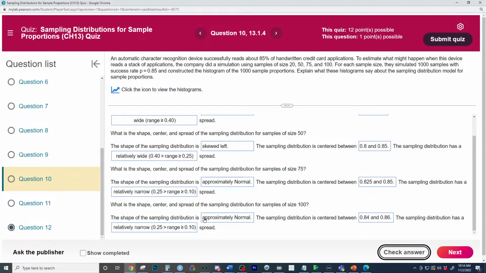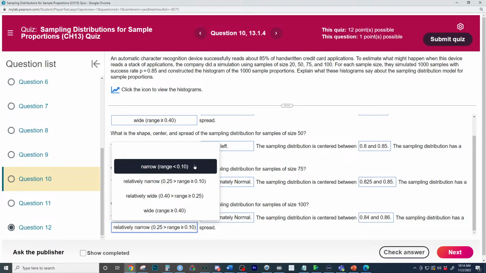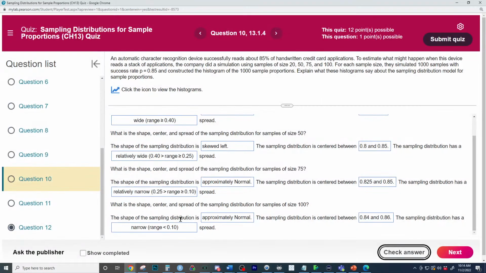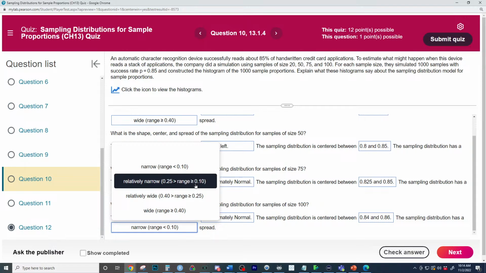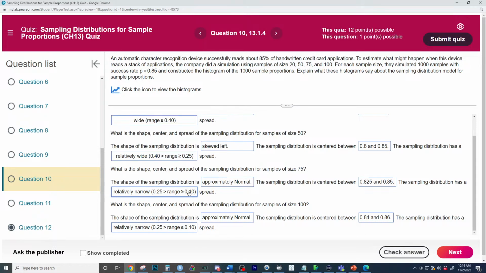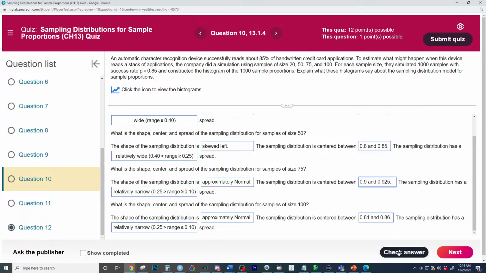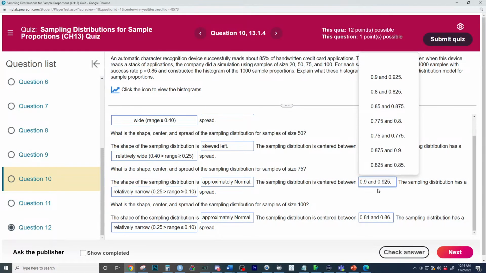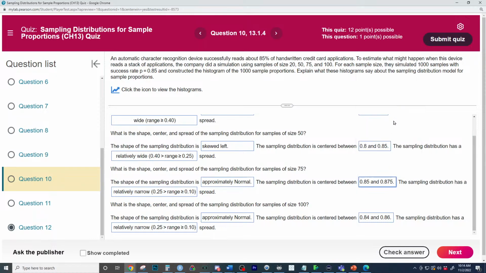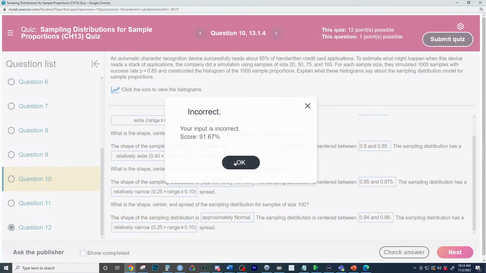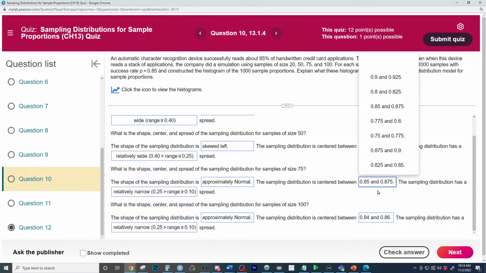What in the world was the one tiny one? No way are they saying this is narrow. That's what I thought. They didn't say that. So that's got to be right. Is it? I just clicked a random thing. Ooh, it is this one. So are they seriously saying it's this? Oh, so the one they're saying it's between that and that.